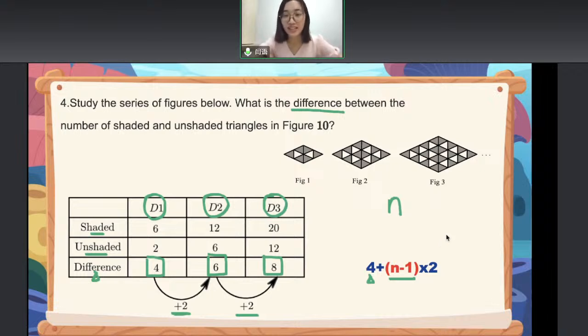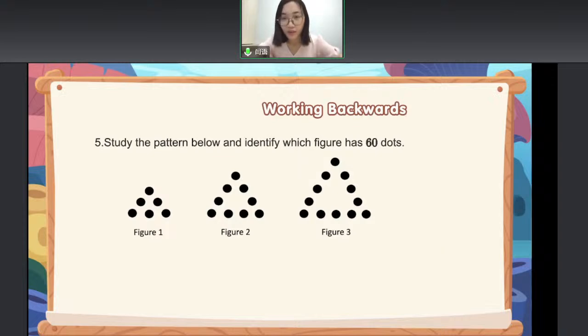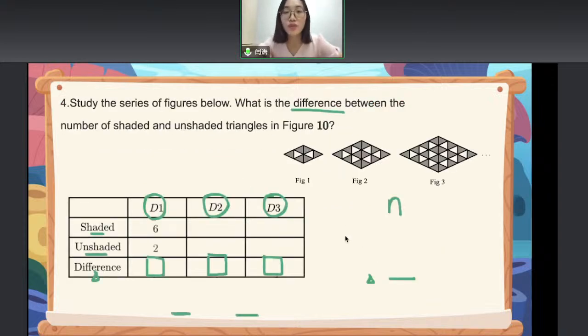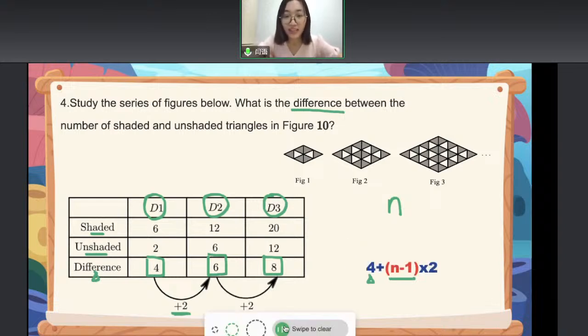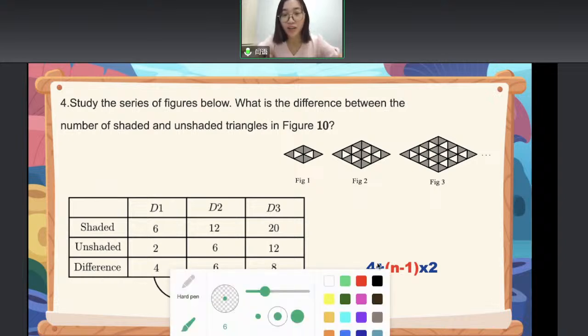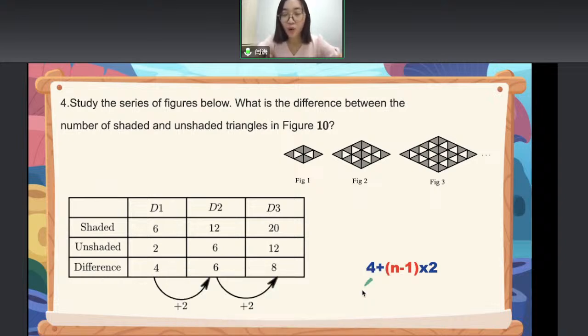Now we can get the answer. So when it comes to figure 10, actually what do we do? Yes, so now n equals 10. Okay, let's have a look. If n equals 10, we just calculate. It should be 4 plus what? Yes, 10 minus 1.